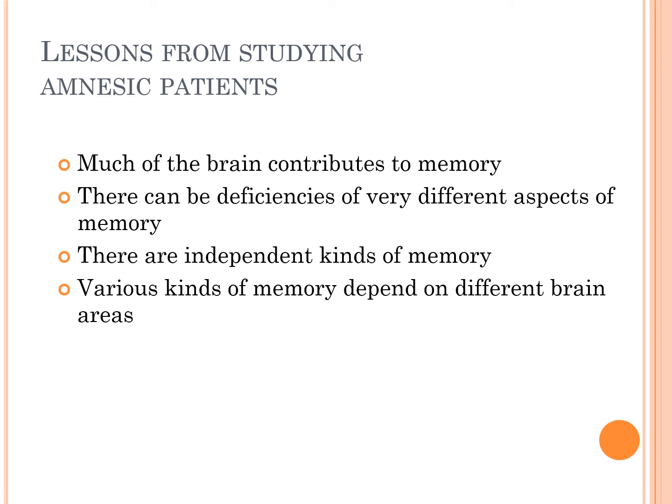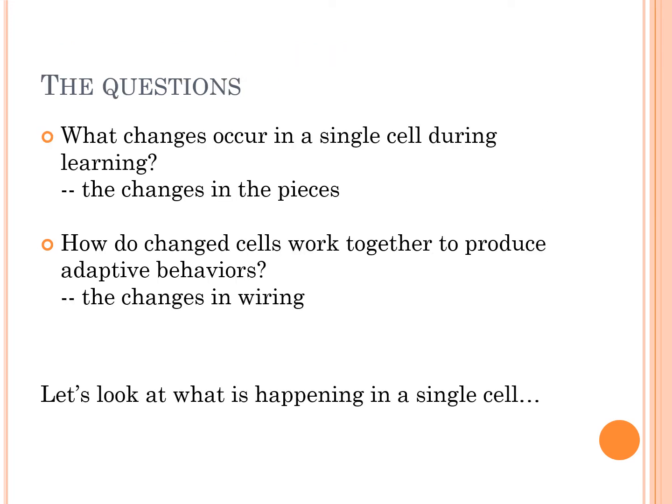So there are these very independent kinds of memory, and various kinds of memory are going to depend on different areas of the brain. And that's my overall attempt to say as much as I can and keep it as general as possible, even though, again, we've talked about some of the really important areas and their roles.